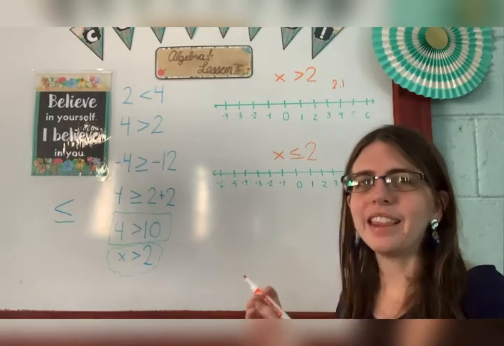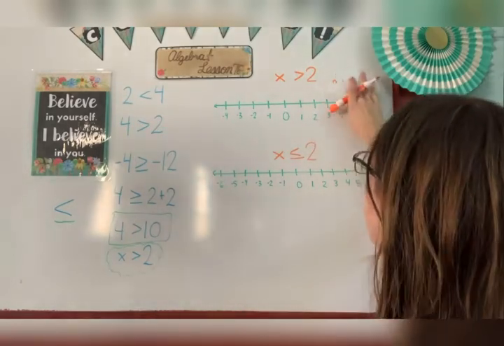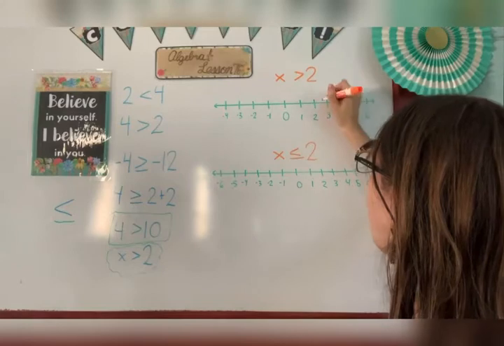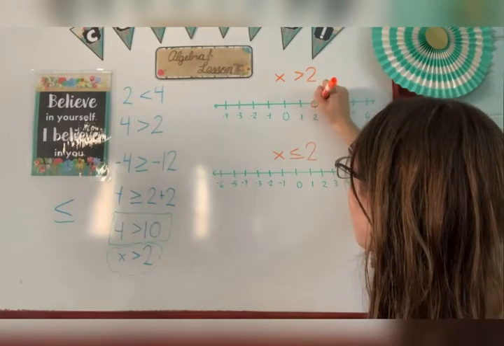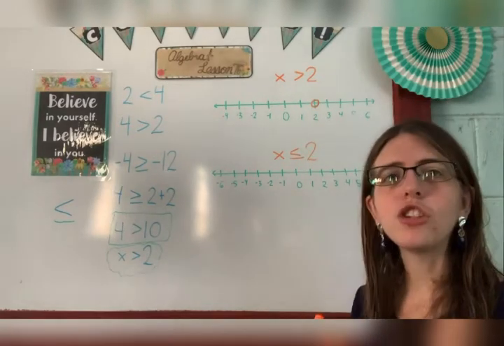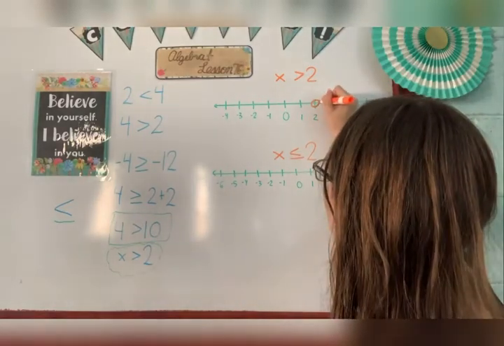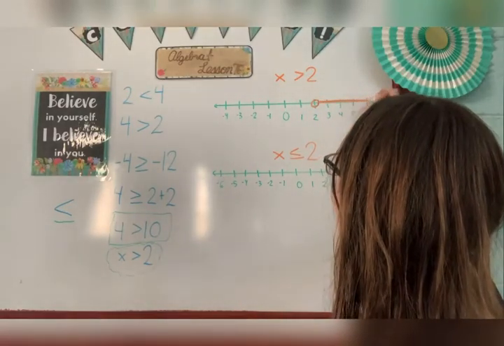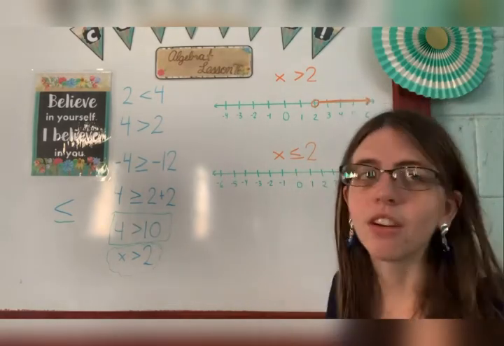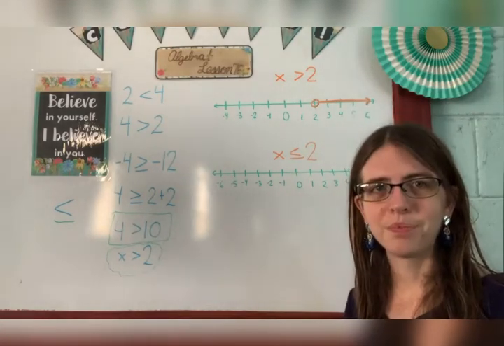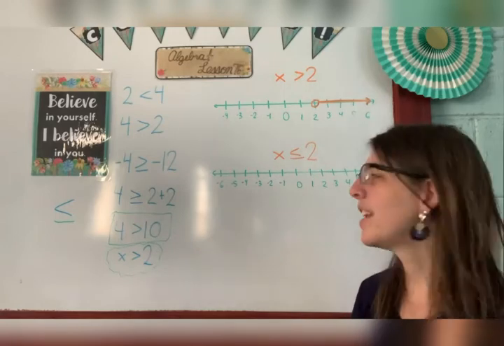So anything after 2. So to show that on my graph, I put an open circle over my 2. Open to show that 2 is not included. And then I draw a line showing all the numbers that are greater than 2.